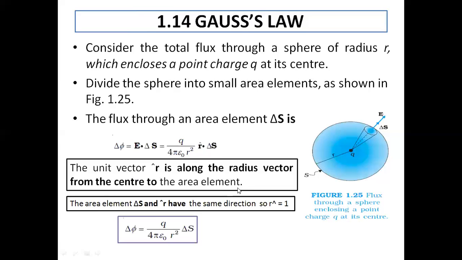Now here, delta S and r cap have the same direction, so the angle between them is 0. So what is our final equation for the flux associated with this smaller element delta S? Delta phi is equal to q divided by 4 pi epsilon naught r square into delta S.